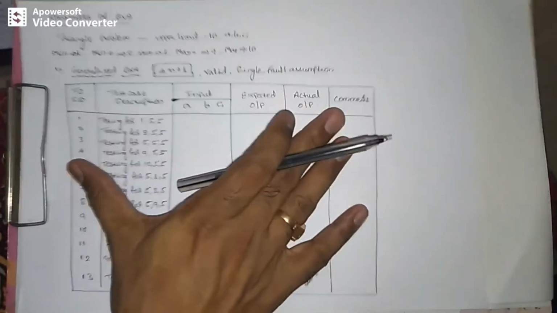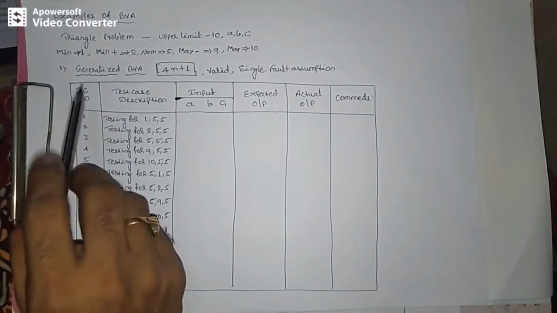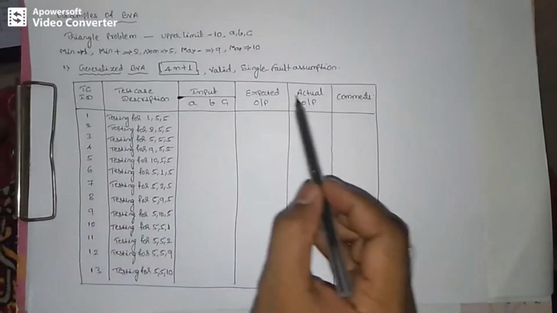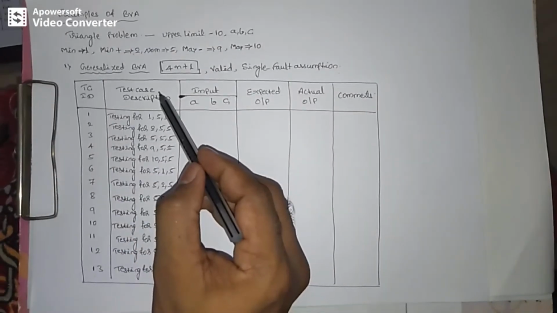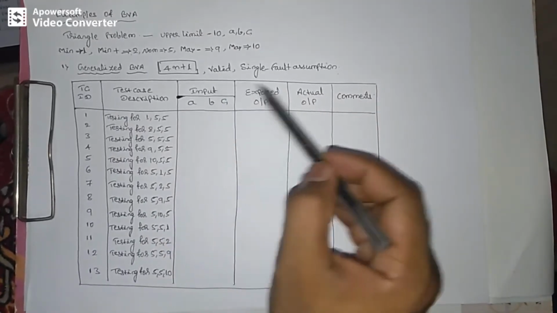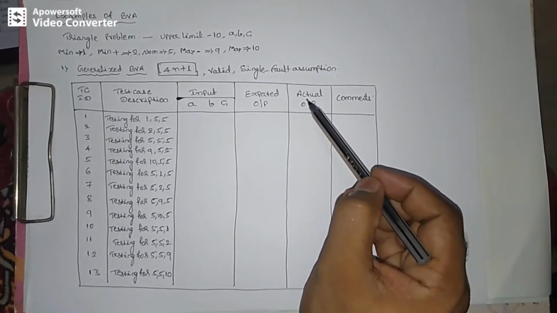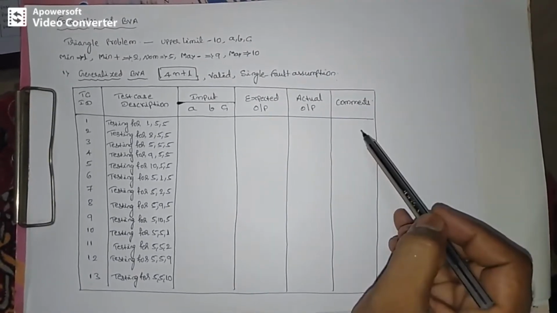Now I will explain how to write the test cases into the table. The test case table includes these parameters: one is test case ID, second column is test case description, third column is input, fourth column is expected output, next column is actual output, and the last column is a comment about the test cases.